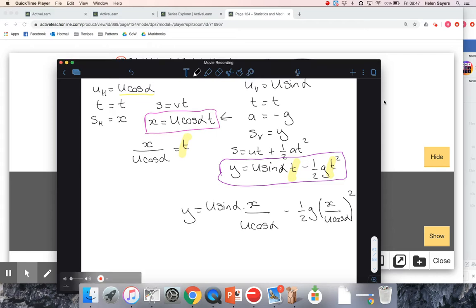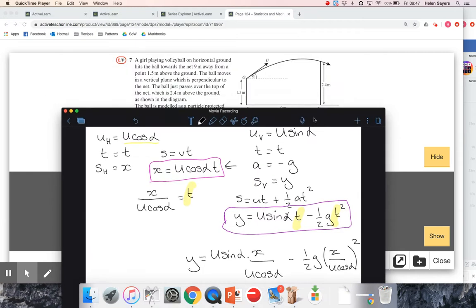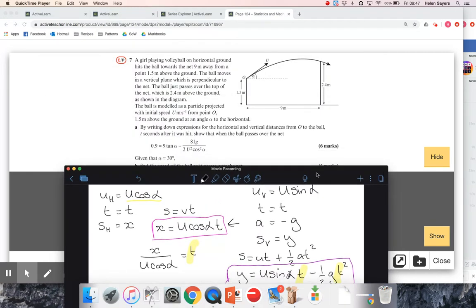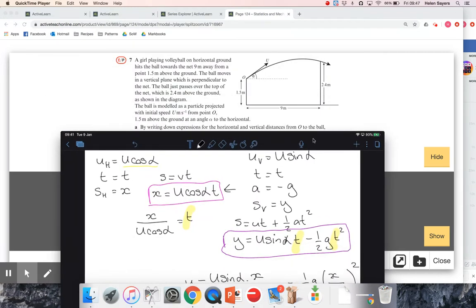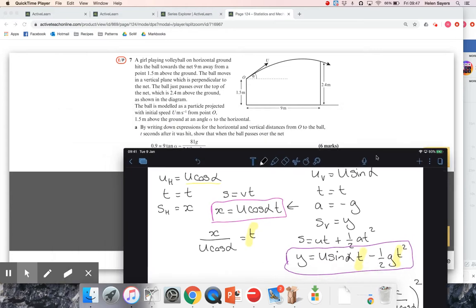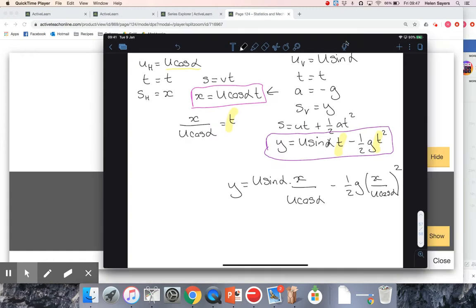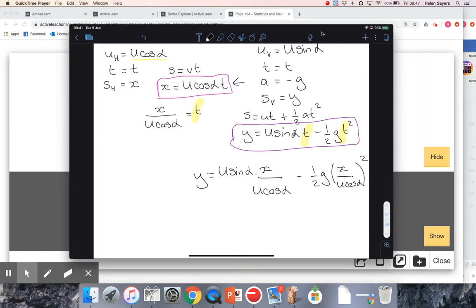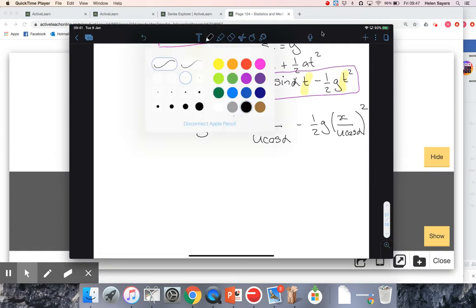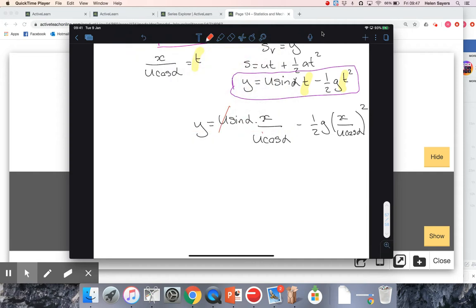Okay, right, so let's see if what we've got looks remotely similar to what they've got. Yeah, so some of it I think is looking okay. So let's simplify what we've got first. So what can I do here? Well, that u and that u can cancel.